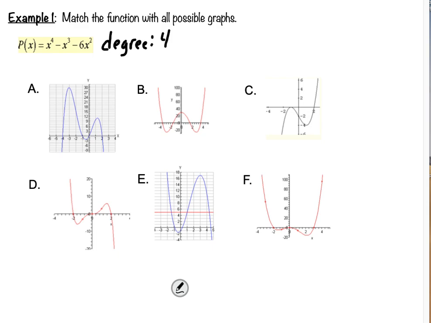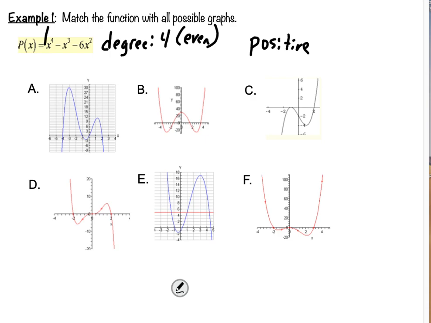Is 4 even or odd? The number 4 is even. What's the number in front of that term of x to the fourth? It's a 1, and 1 is positive.